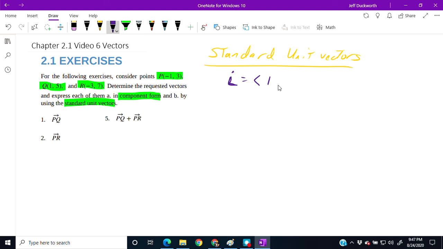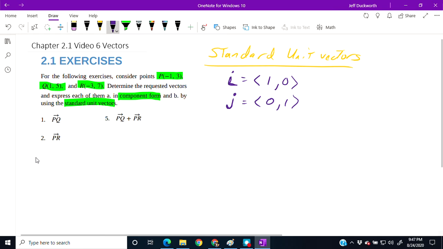And to get that output, we use 1 and 0. So 0 will kill everything in the y, and 1 will maintain whatever x is. And similarly, the j is the other letter used, and this is 0, 1. So we'll use these values to write, and I'll show you how that works in a second.